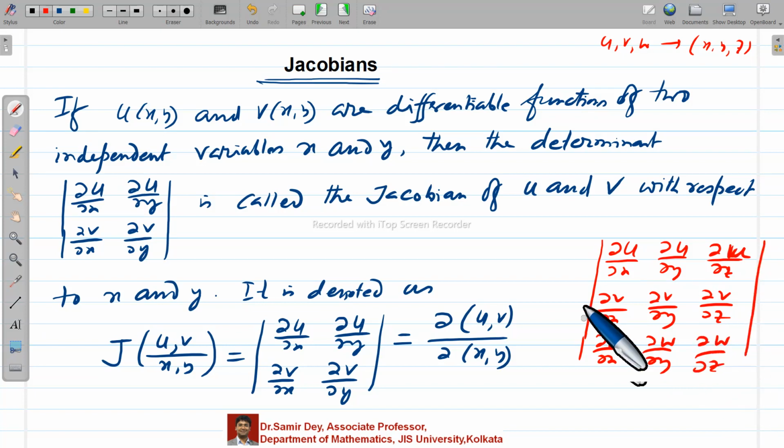Okay, clear? The third order determinant, in case of triple variable.